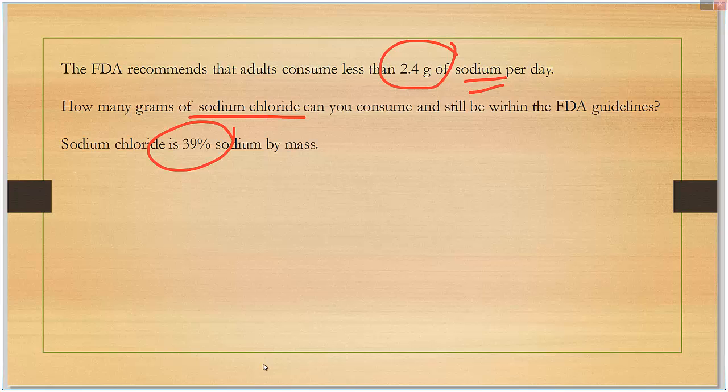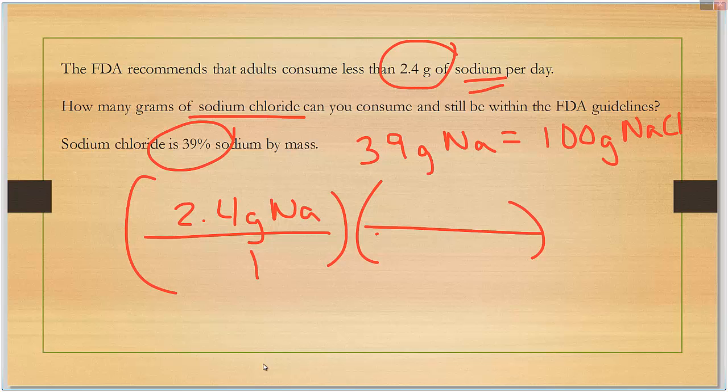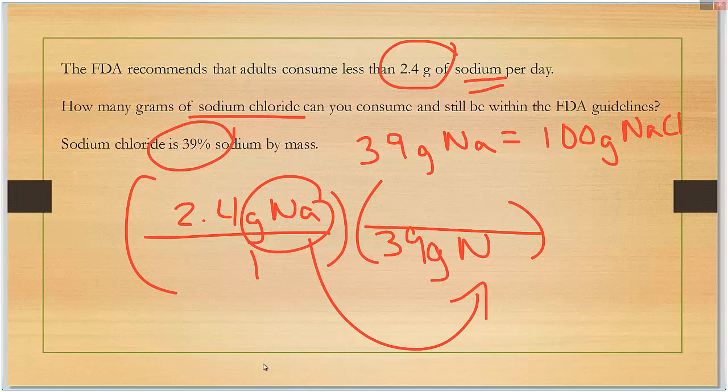So that means 39 grams of sodium are in 100 grams of sodium chloride. So 2.4 grams of just the sodium. Sodium's on the top, that means we want to put it on the bottom of the next one. 39 grams of sodium is equal to 100 grams of NaCl.